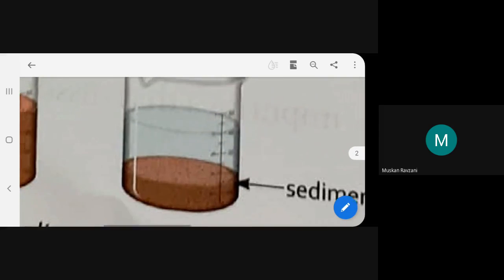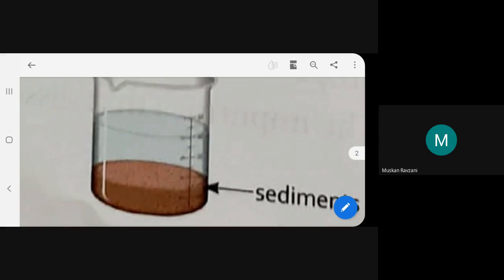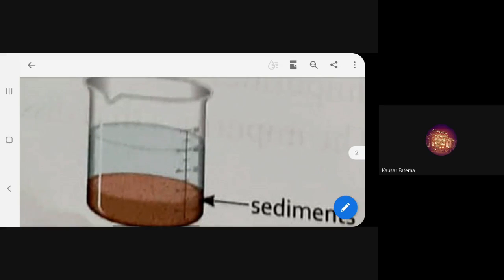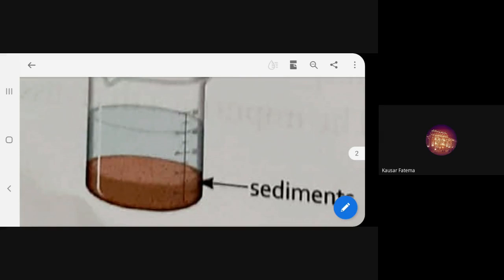Now can you see the upper part of the water? At the bottom all the impurities settle down, and at the upper part the water becomes clear. In the upper part of the beaker we can see clear water, and all the dust particles settle down at the bottom.